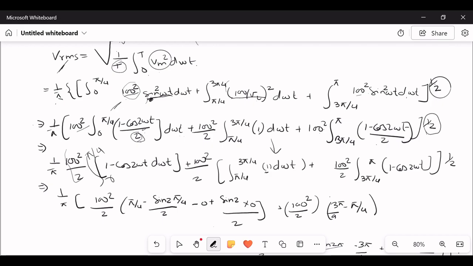For integration, if we integrate 1, it becomes π/4 for the higher value, and for cos 2ωt we write sin 2 times π/4 for the higher value, and minus 0 for the lower value. Here also we write 0 as the lower value of the integration part.